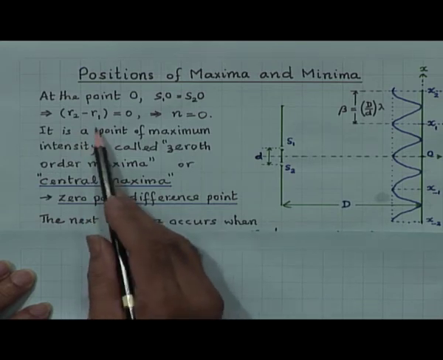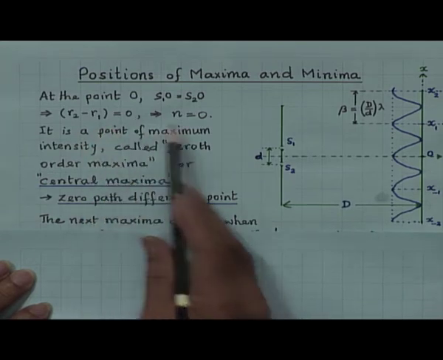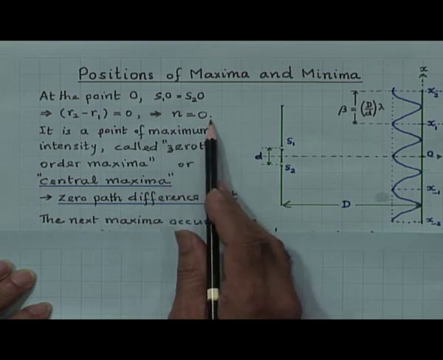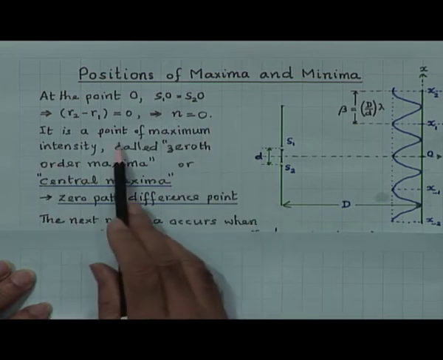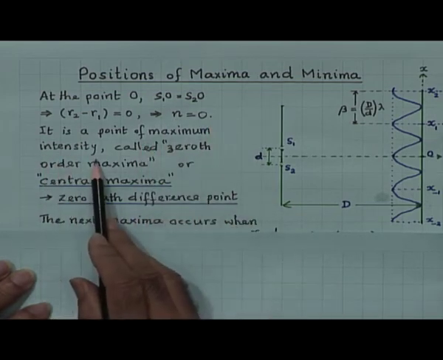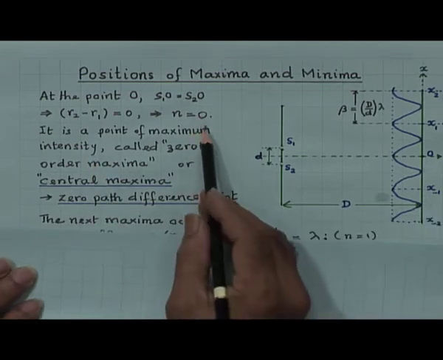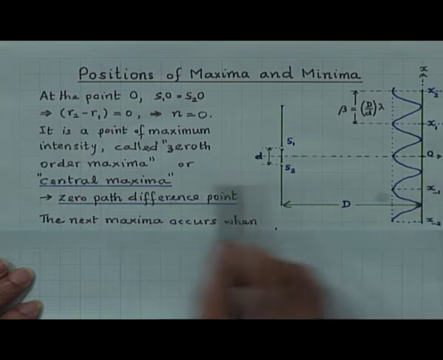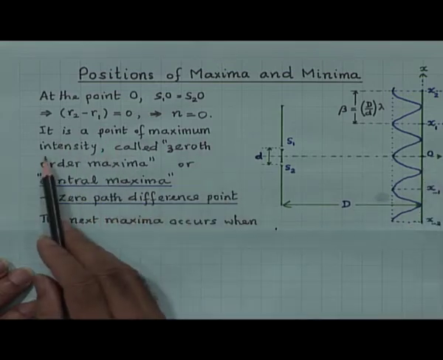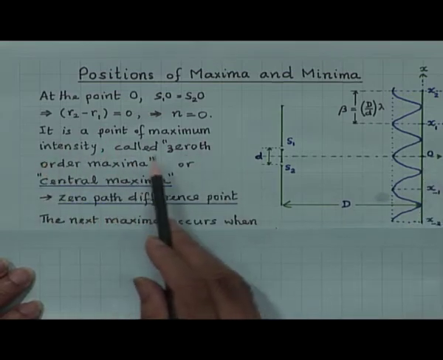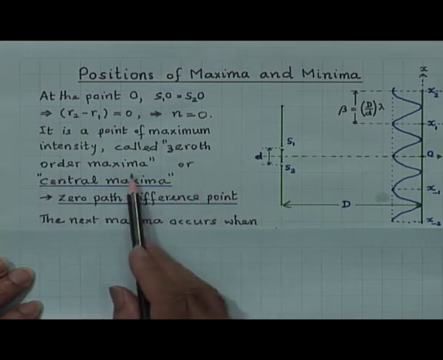Therefore, we have the phase difference equal to 0, that corresponds to n equal to 0, and this is a point of maximum intensity, because n is equal to 0 corresponds to 0 phase difference, and it is called the 0th order maxima.